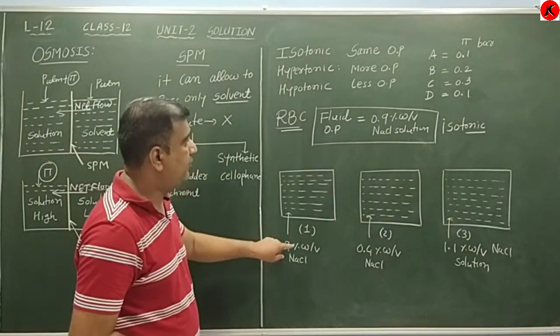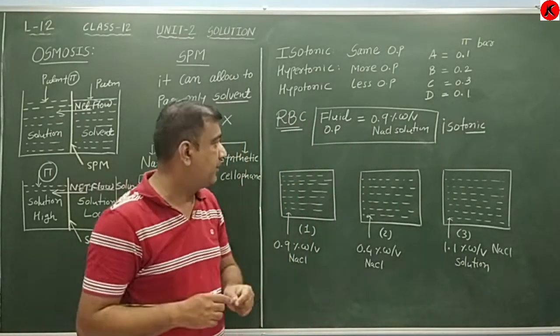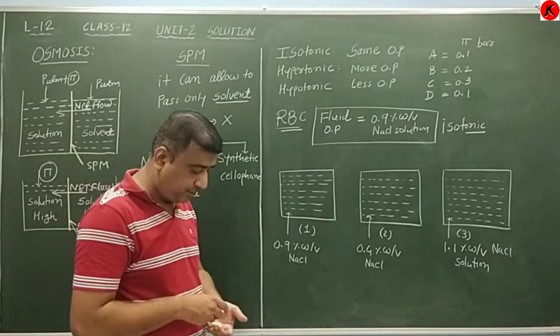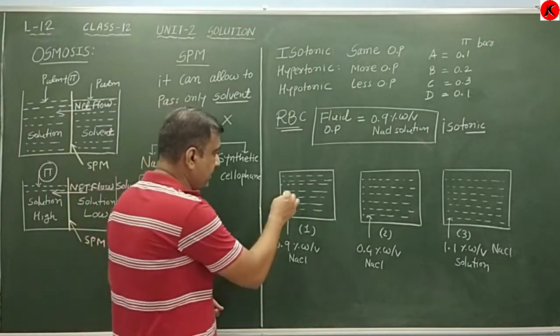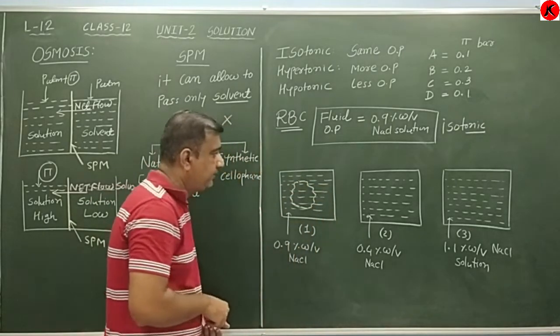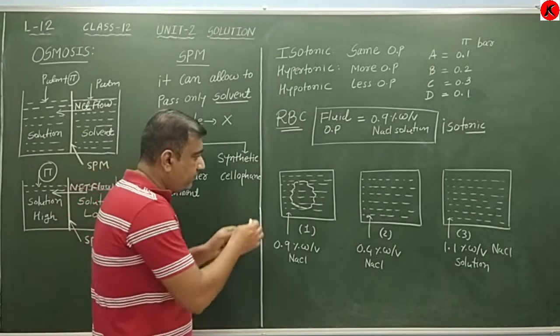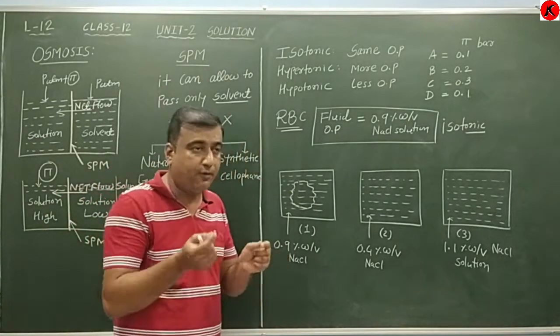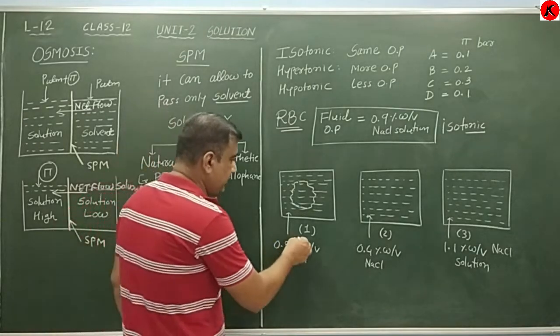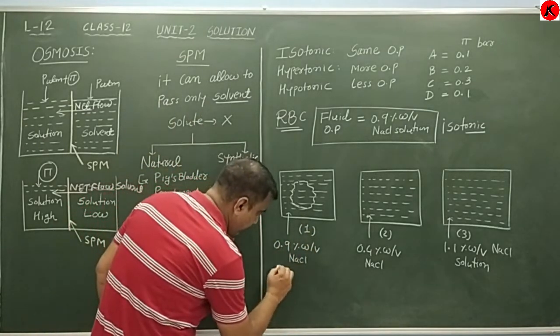Now this solution and the fluid inside the RBC have the same osmotic pressure. That means when we are putting RBC in it, the fluid inside has the same osmotic pressure, so this solution is isotonic.